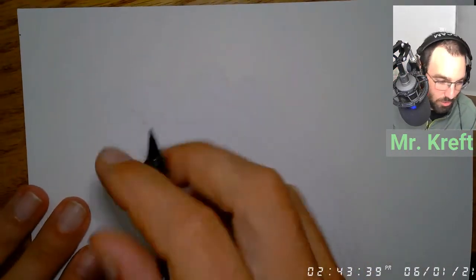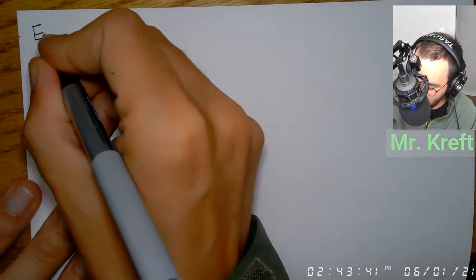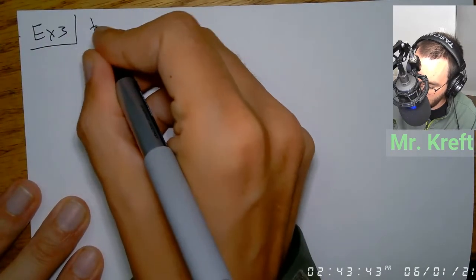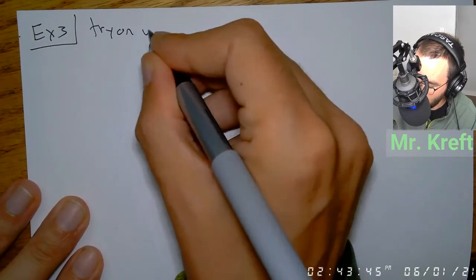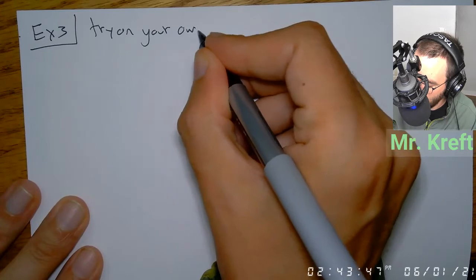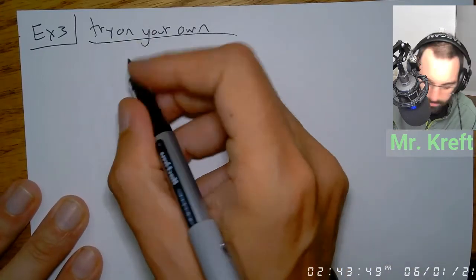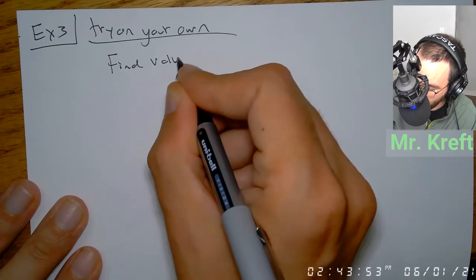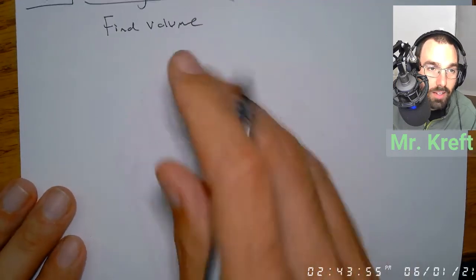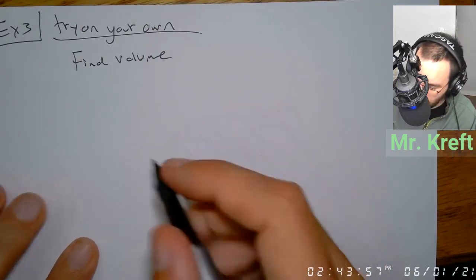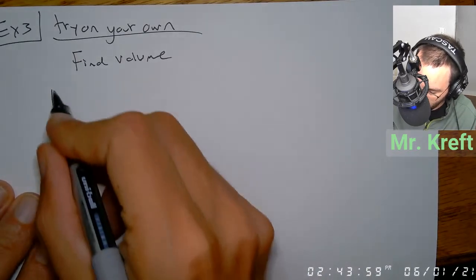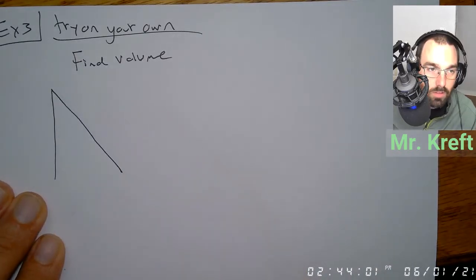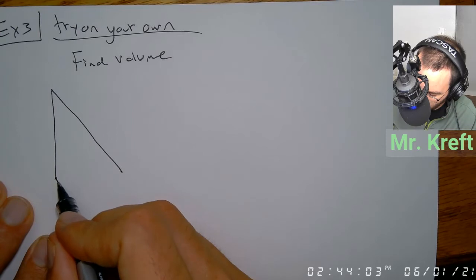Let's try it. Okay, so this is my third example. This is going to be try on your own. So find the volume. And the shape for this one is going to be a cone.